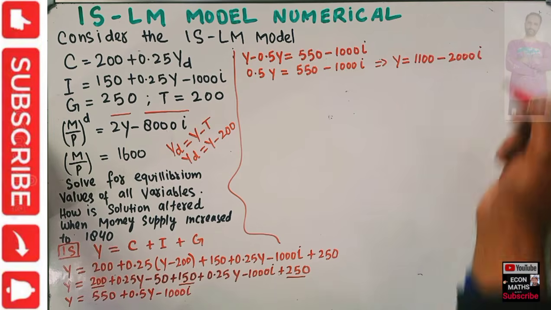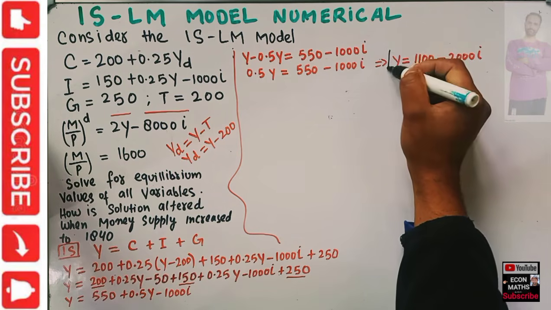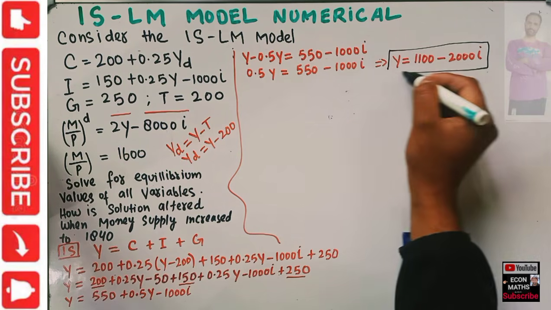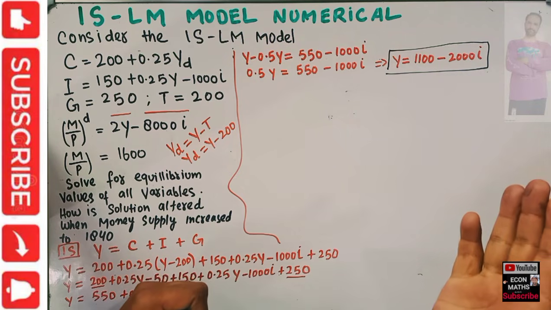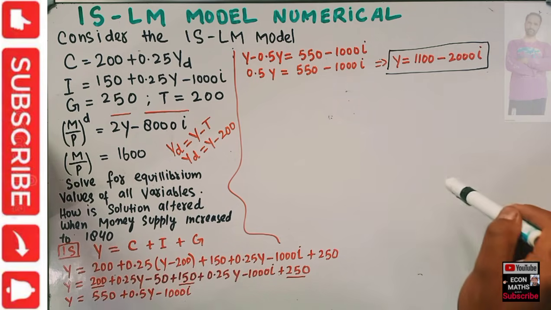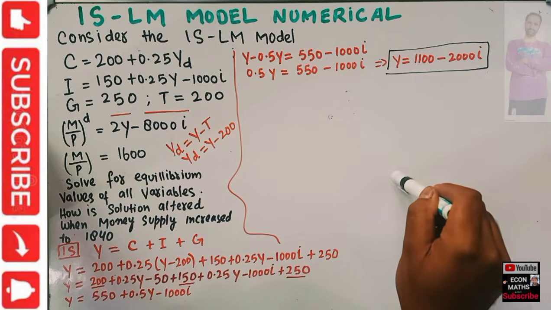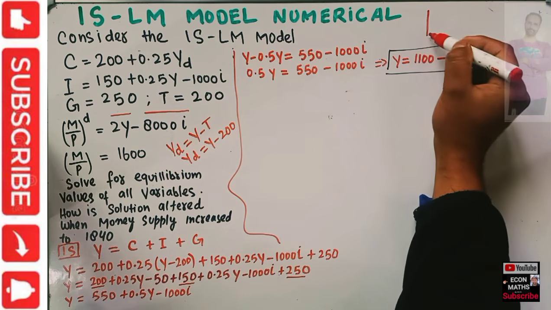I know you know this basic stuff, so I will not go into further detail, simple stuff here. This is our IS function. And what is the IS function? It is a locus of points. It shows us the combination of interest rate and level of income where our money market is in equilibrium. Okay, so actually it is like this.